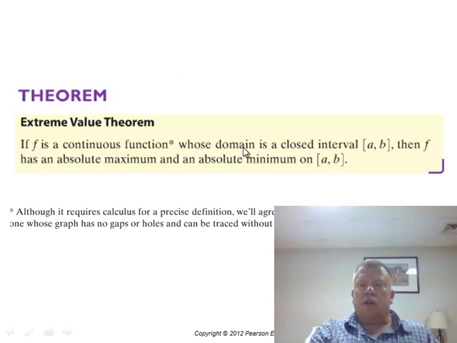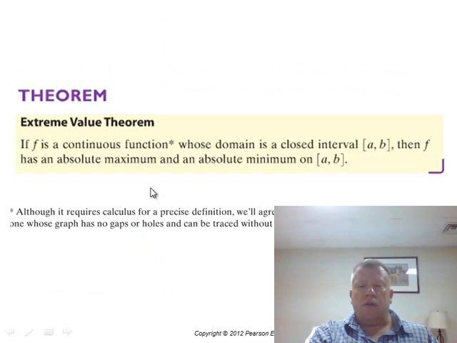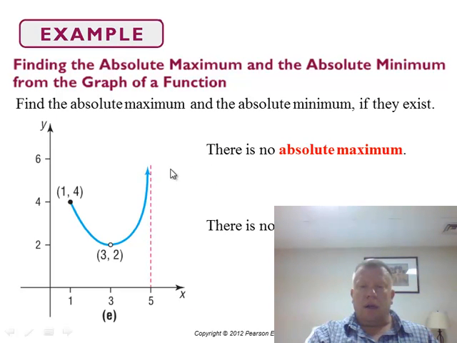And also the closed interval. The interval needs to be closed. If the interval is not closed, and you have at least one endpoint not included, then you could have a situation, let's go back to the previous slide, you could have this situation right here, where the function goes on up to infinity, like here.